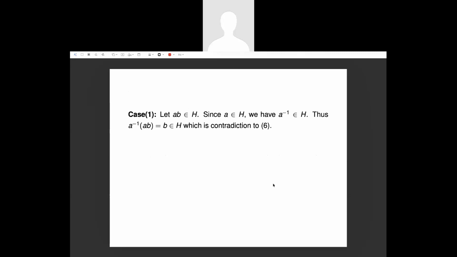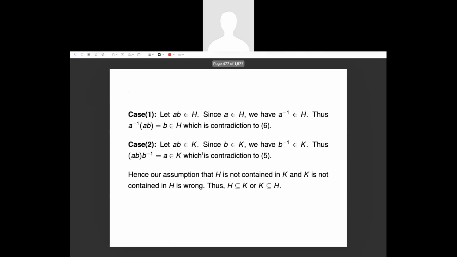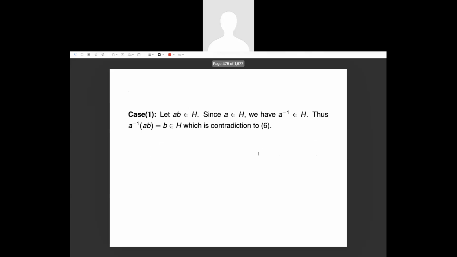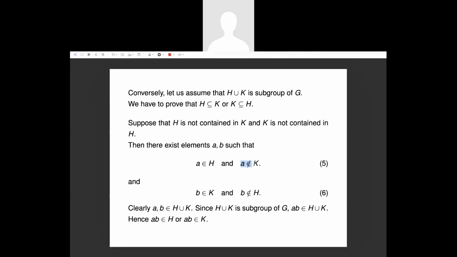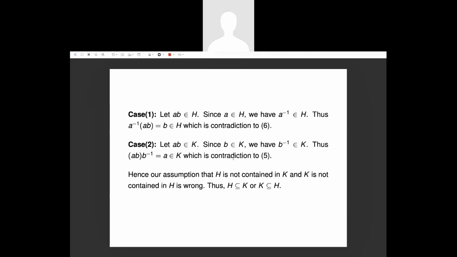Now similarly, if ab is an element of K and b is an element of K, and K is a subgroup, so b inverse is also an element of K. Then ab b inverse, which is equal to a, is an element of K, which again contradicts that a does not belong to K. So this is a contradiction.